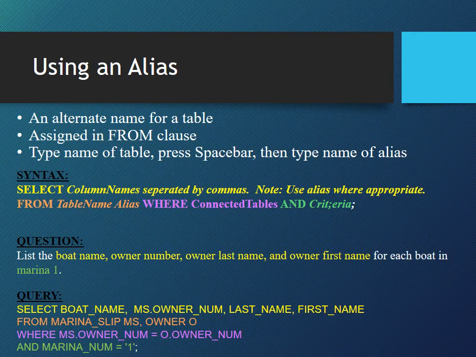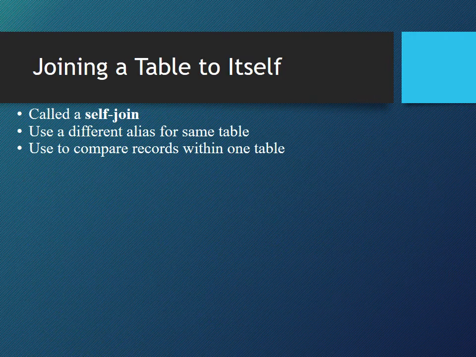Let's look at joining a table to itself. A self-join joins a table to itself. Self-joins are useful for tables with a self-referencing relationship or when one wants to determine data inconsistencies. For self-joins, you use an alias to treat the tables as two separate tables, that is, giving the same table two different names.